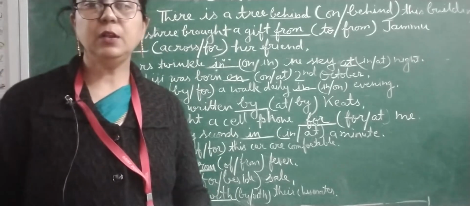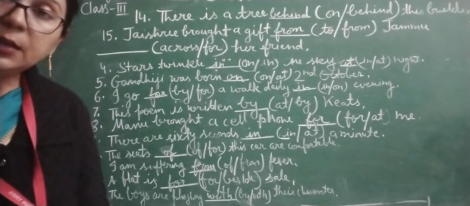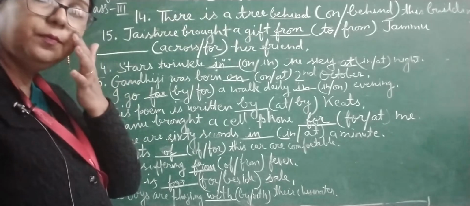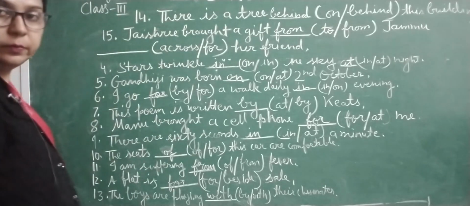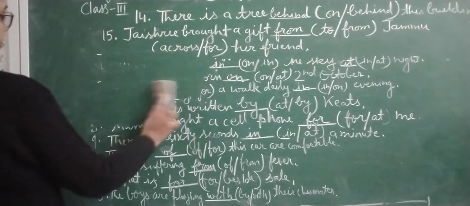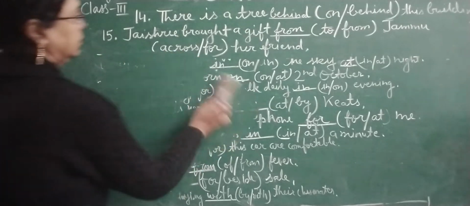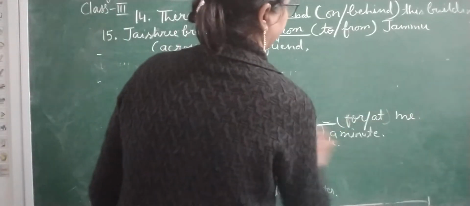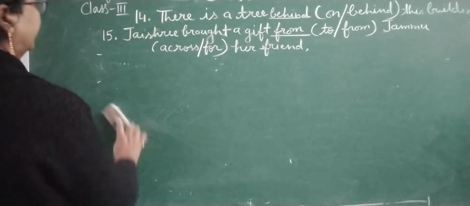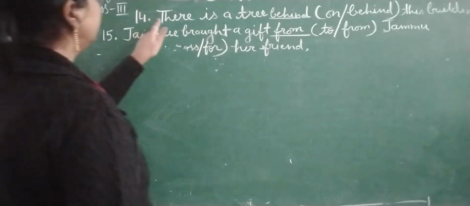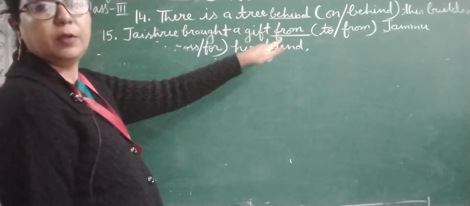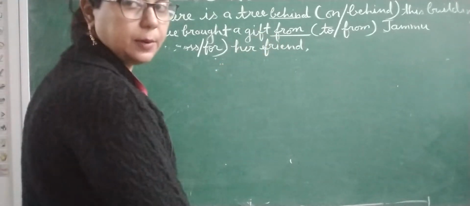Now after that we will write this poem and after that we will read. So we have done, that is 14 number we have written behind, and 15 we have done from. Okay, so complete this.